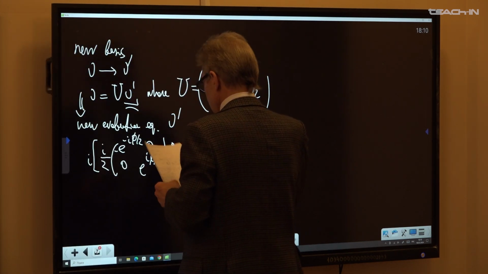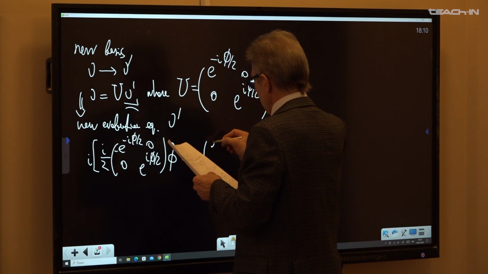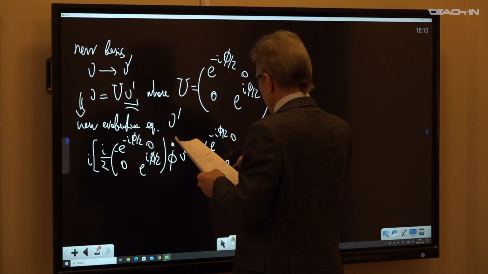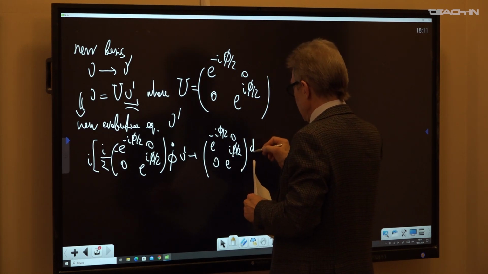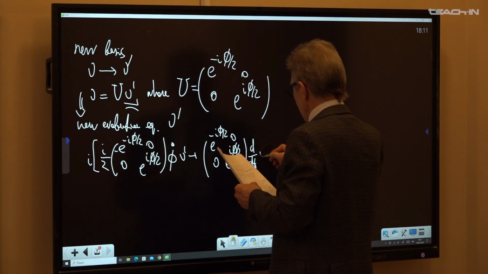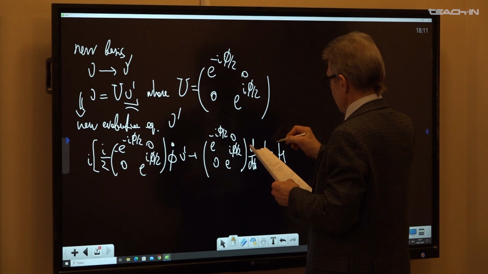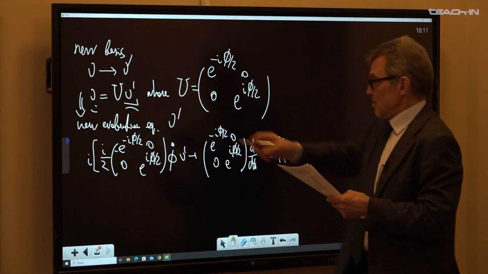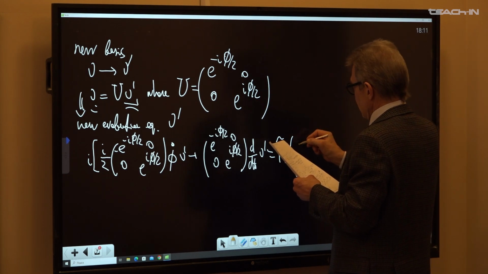So nu prime plus the matrix with exponent minus i phi divided by 2, 0, 0, exponent i phi divided by 2, d over dt nu prime, equals h prime wave, and now I just introduce this matrix U and the field in the new basis.